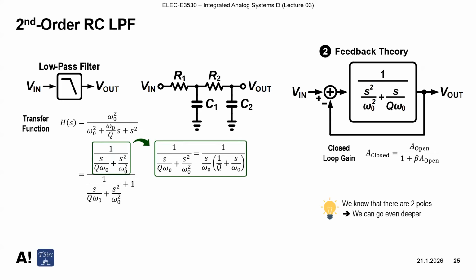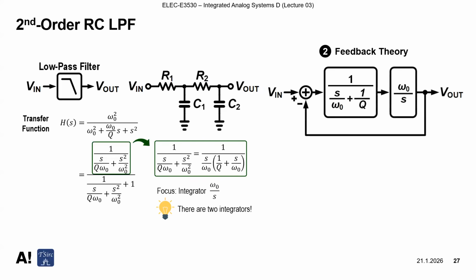Here, 1 over s times something plus s squared is equal to 1 over (s over omega 0) formula. So s over omega 0 is indeed the inverse of the integrator formula that we have discussed, and 1 over Q plus s over omega 0 is also the same. The focus is still the integrator, and there are two integrators. We can find it.